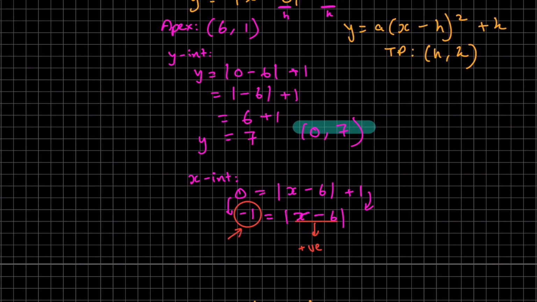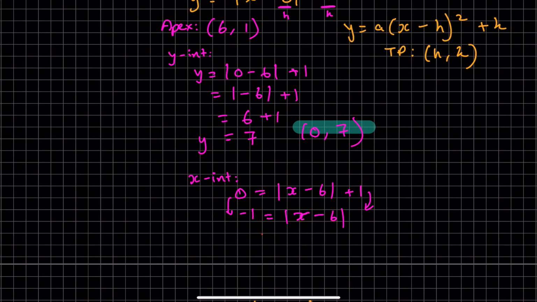It is impossible for us to have a number between these two lines that gives us a negative absolute value, because our absolute values do not consider direction and our absolute values are always positive. So what this means is that actually there are no solutions to this equation.